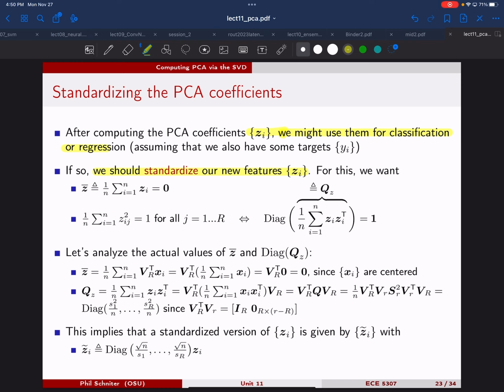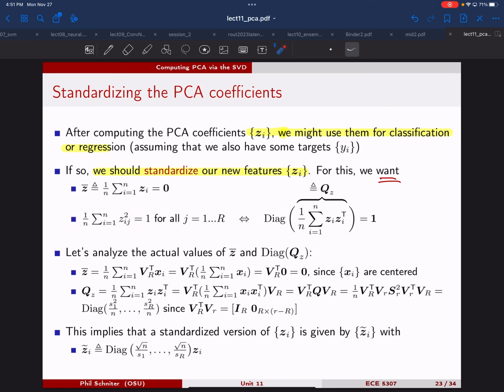So what do we want? As we know from standardization, there are two things. First, the sample mean, which is just the average of the Z_i across our data set, we want that to be 0. Second, if we look at the jth coefficient individually, we want the sample variance to be equal to 1.